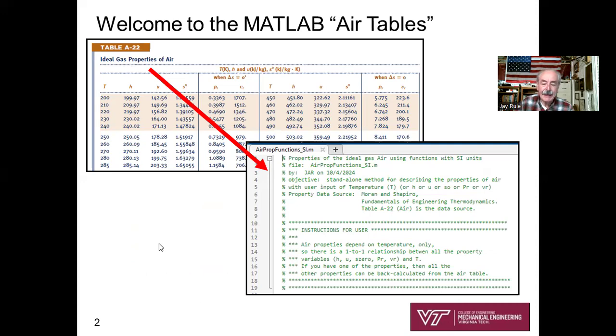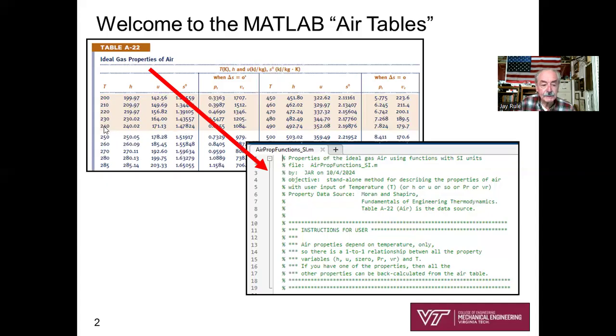But then I've added some functions so that if you put in temperature like you do manually, then you can get back a value for enthalpy, internal energy, Pr, and vr, and s0. I call that the zero pressure entropy.